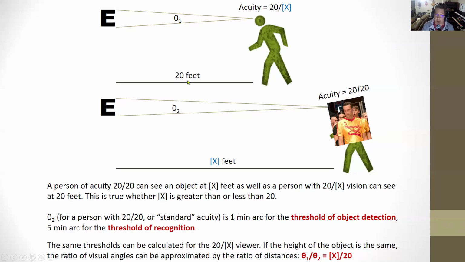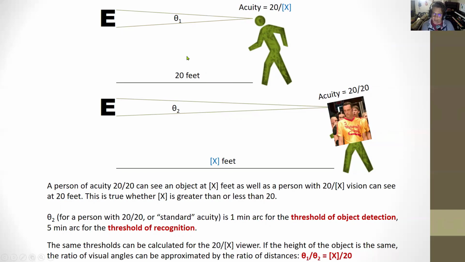So again, that's where those numbers come from. The person who is 20/X, the easiest way to do this calculation, the standard is have them stand at 20 feet and then have Stanley Joe Standard move around until it gets a certain level of clarity. And then if you have the same clarity in this viewer, that's how you can calculate their acuity.